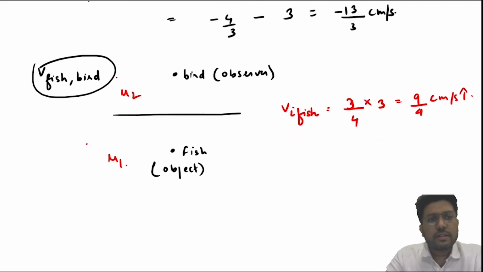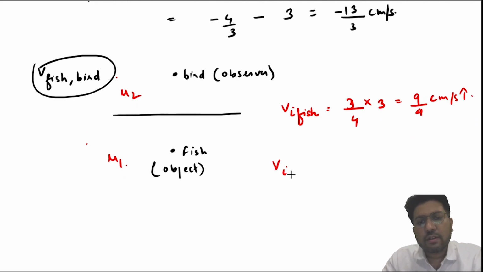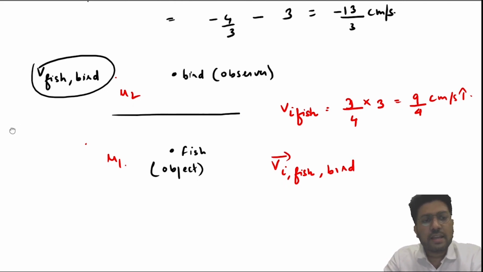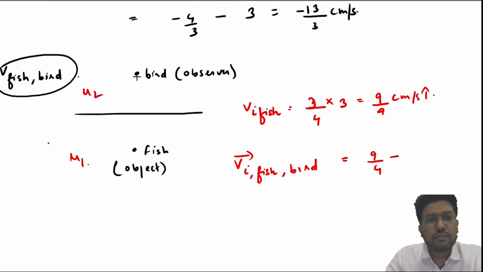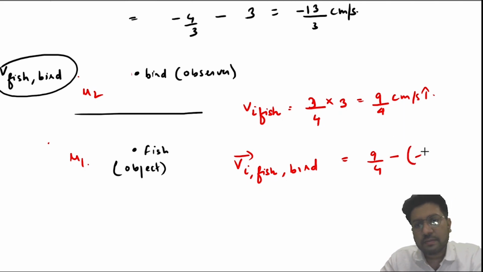Now they have asked you the velocity of fish as seen by the bird. That means you will write velocity of image of fish with respect to bird is equal to the velocity of image of fish minus velocity of bird. Now velocity of image of fish is 9 by 4 upwards and velocity of bird is 1 downwards, that means minus 1.